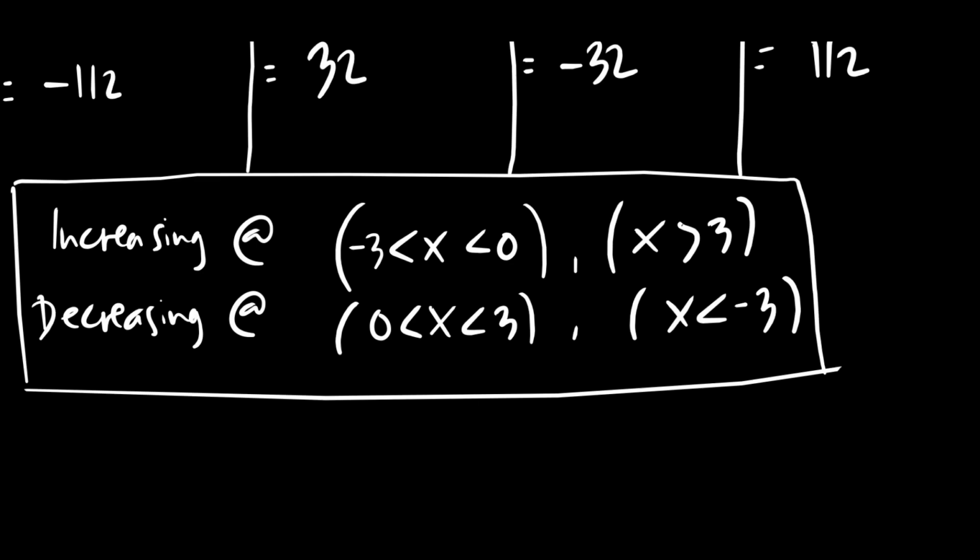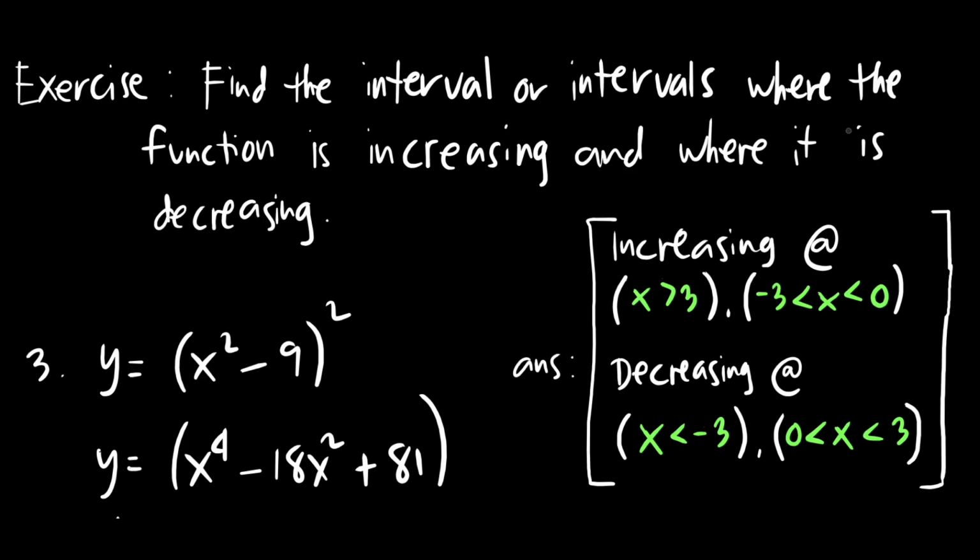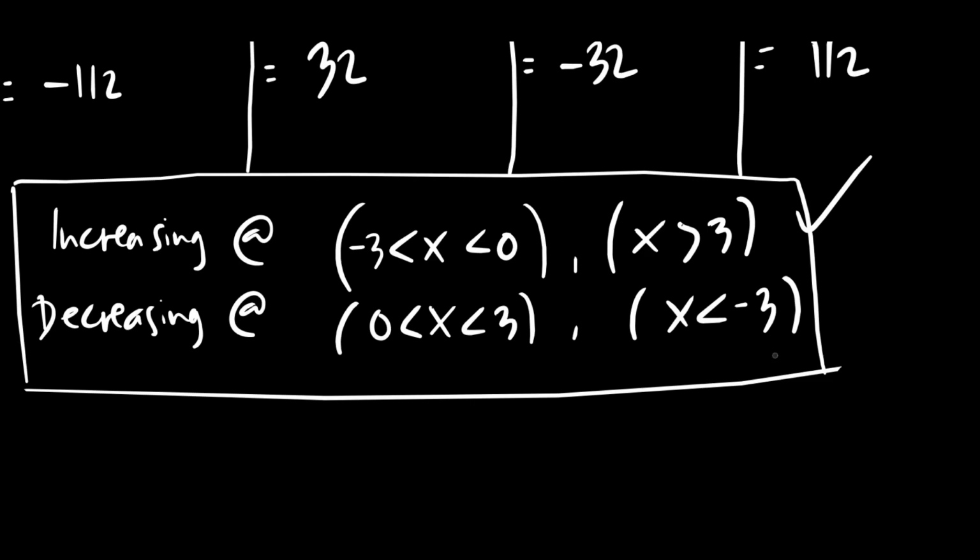So for increasing, it is checked. For decreasing, x is less than negative 3 and x is greater than 0 but less than 3. So our answer here is correct. So that's all for this video.